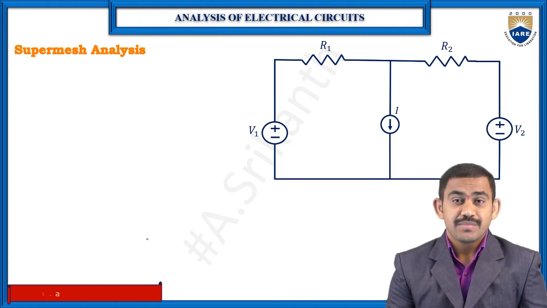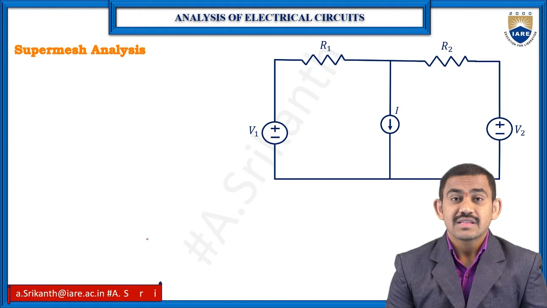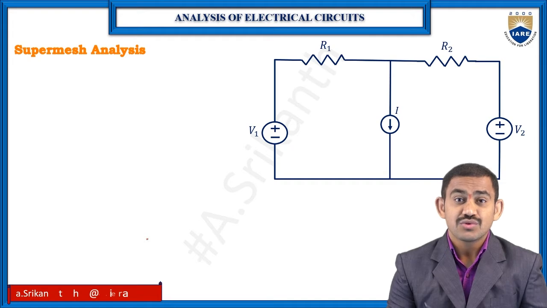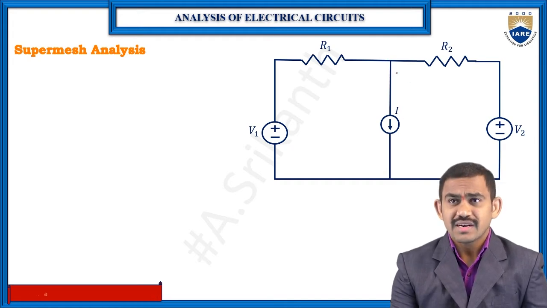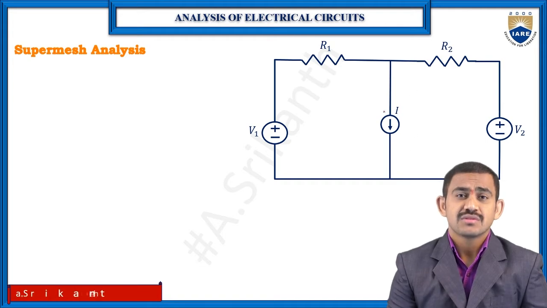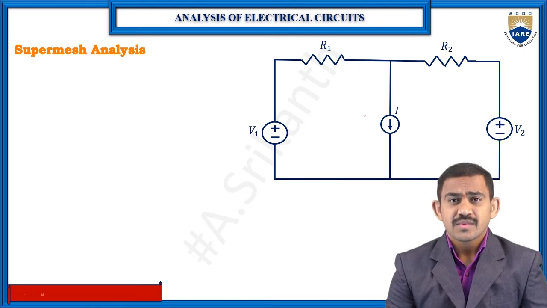But in between I have one current source, that is ideal. I have one ideal current source between two nodes. Then what is the voltage drop across this current source? Okay, we'll check step by step.